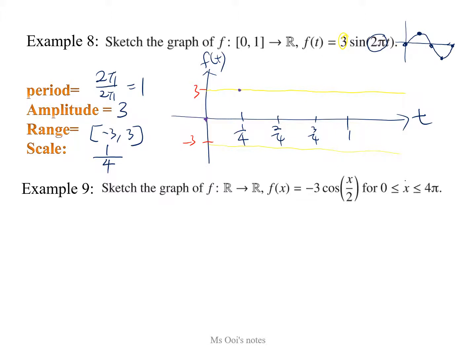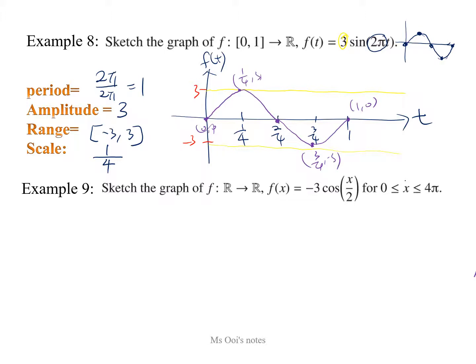Go to the max, then the x-intercept, which is the center. Go to the minimum. Go to the center. These are the 5 quadrantal points. And then you join them with a smooth curve. Smooth curve. And label all the endpoints: 1, 0, 0, 0, 1/4, 3, and so on.